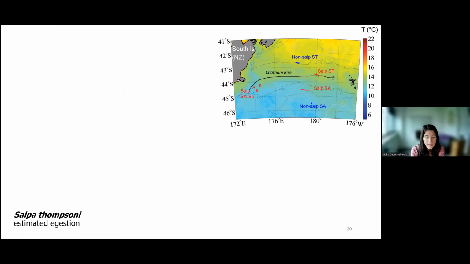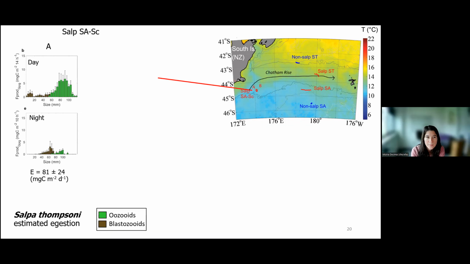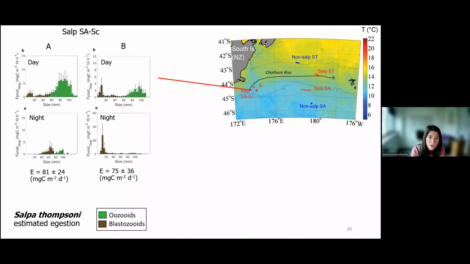When we looked at grazing estimated from gut pigments and ingestion, again using the same color scheme, we find really high values in our first cycle in A and B. In the bottom there, I have summed both the day and the night fecal pellet production estimates, and they're around 80 and 75 milligrams per meter squared of carbon per day.